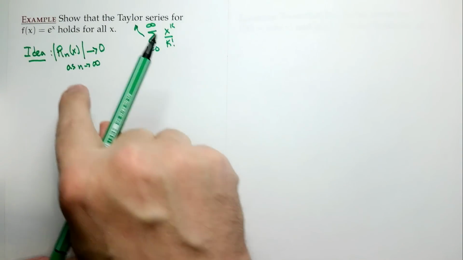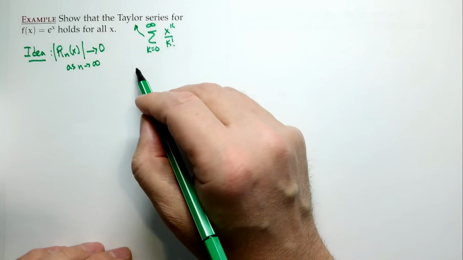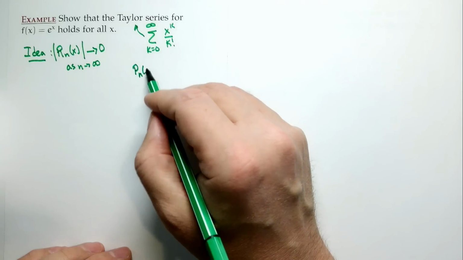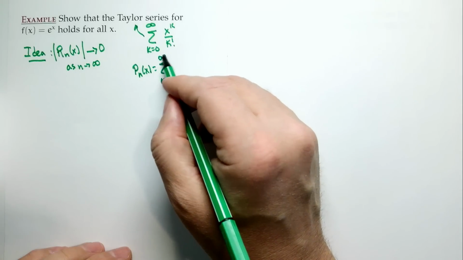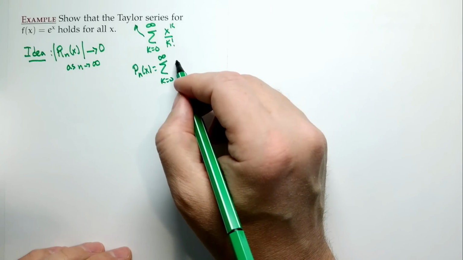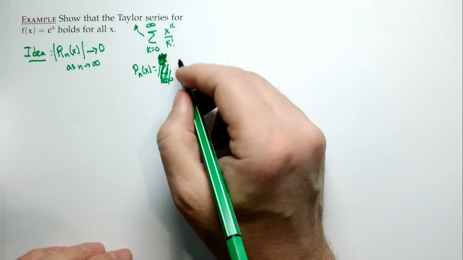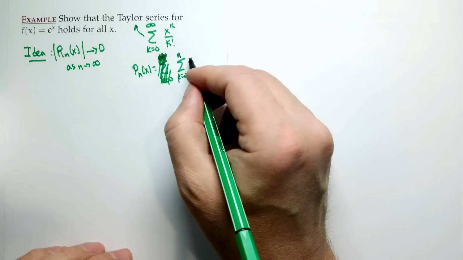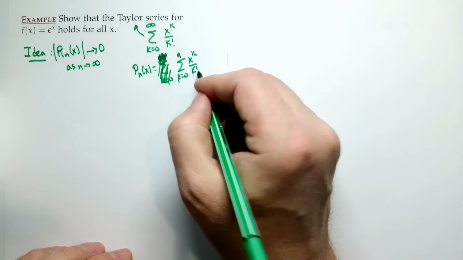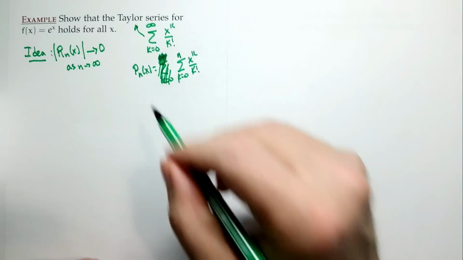Well, it says, in particular, if I look at the nth order Taylor polynomial, our polynomial Pn of x, that's the sum from k equals 0 to n of x to the k over k factorial. So see, Pn of x says you stop at some finite location.